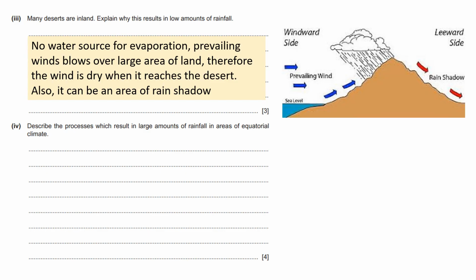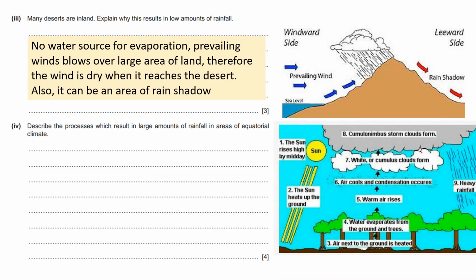So once there is high insolation from the sun within the equatorial climate, obviously within that area there will be more moisture and evaporation of water. And once the water evaporates, it will rise because that area is a low pressure belt, so air will definitely rise. Once it rises into the atmosphere, it will cool.